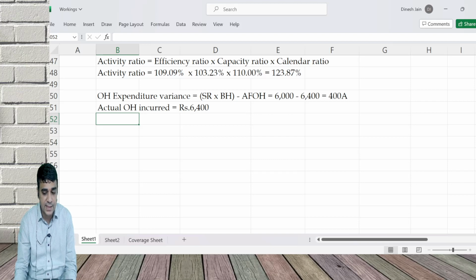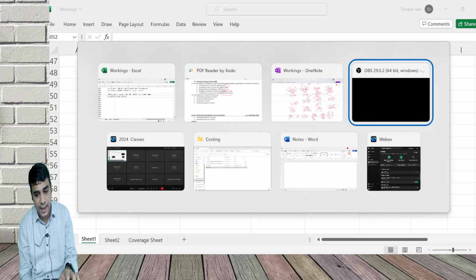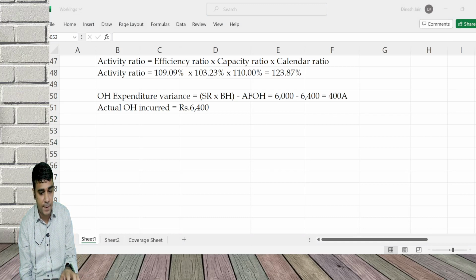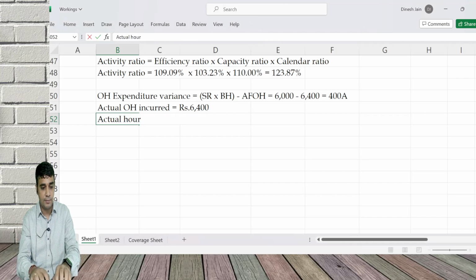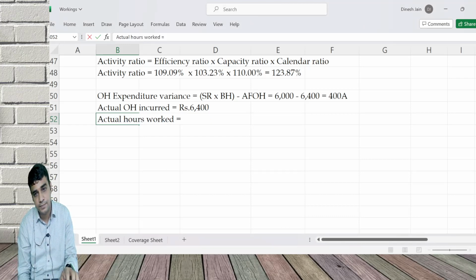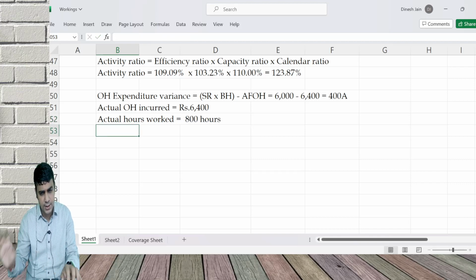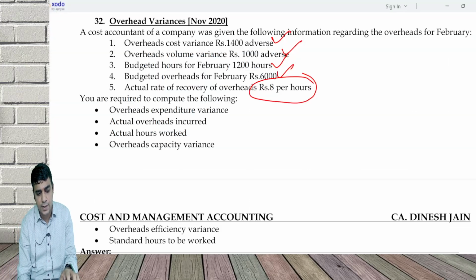Actual overheads incurred 6,400. We just need to copy paste. What's the next item? That is also already calculated. How much is the actual hours worked? 800 hours.